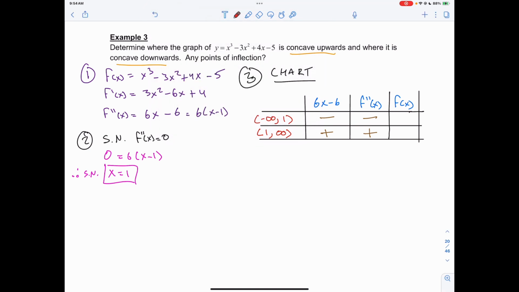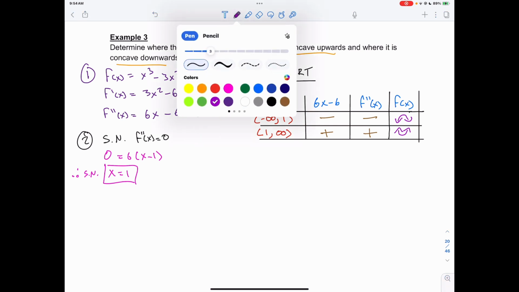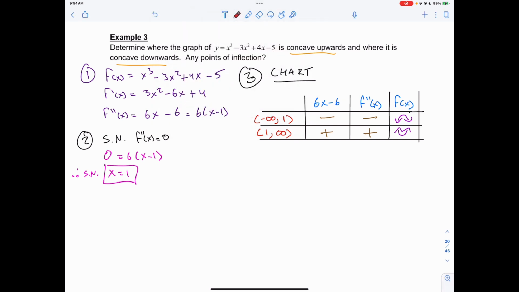When my second derivative is negative, then it is concave downwards. When my second derivative is positive, that is concave upwards. And where it changed from concave down to concave up at the significant number, I'm going to have a point of inflection.